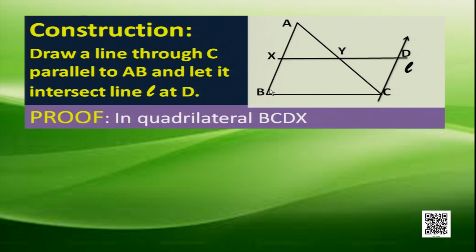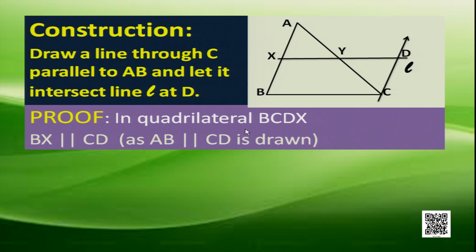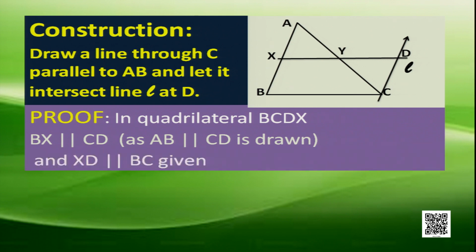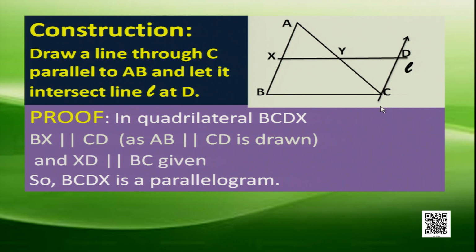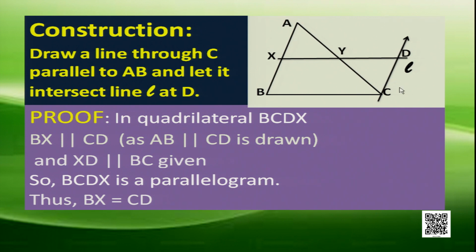In quadrilateral BCDX, we have BX parallel to CD, by construction, and XD parallel to BC, as given. As in this quadrilateral the opposite sides are parallel, this is a parallelogram. As this is a parallelogram, the opposite sides are also equal. From this we can say that BX is equal to CD.